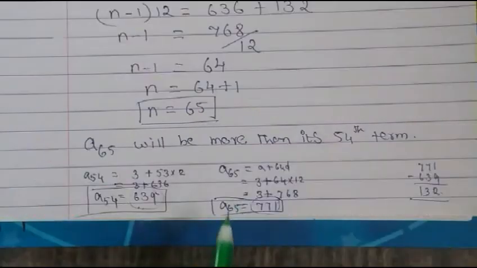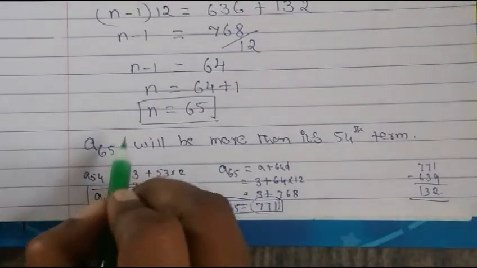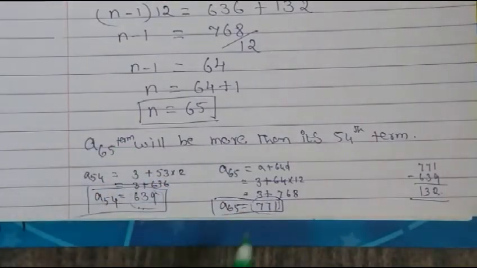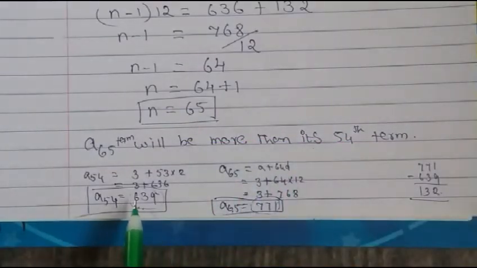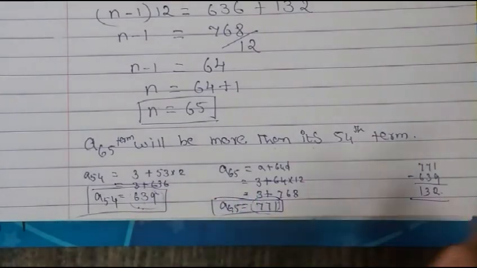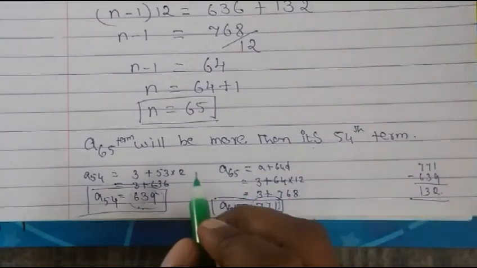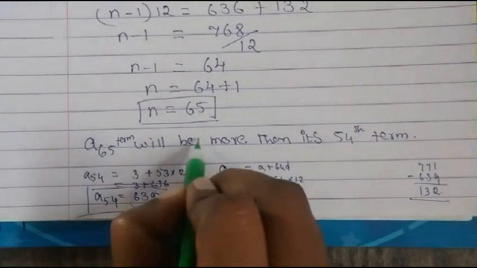I hope you understood. So the 65th term will be more than its 54th term. Okay, this I forgot, right? It will be 132.